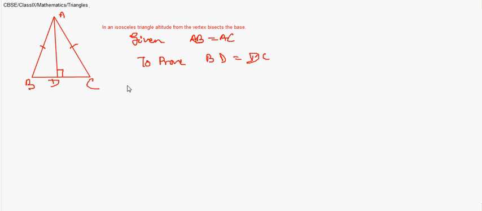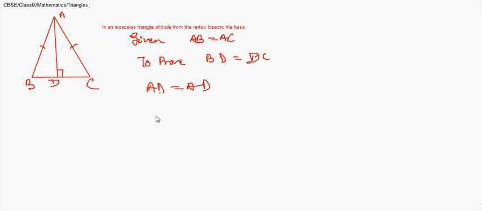For proving the congruency, AD is again common, and AB is equal to AC. Though we need an angle, then we have to prove it; I don't need this, otherwise I'm taking this aside.